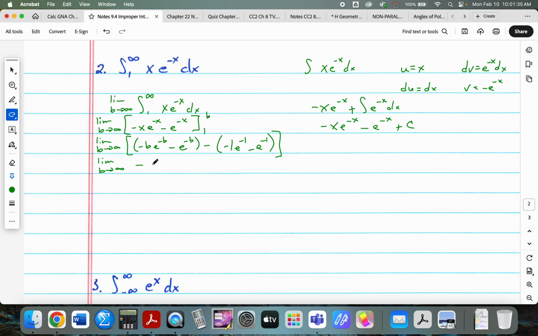So this is going to be the opposite of, I'm going to put the e to the b in the denominator, and I'll have b plus 1 in the numerator, minus, let's see, these are actually both the same, aren't they? This is going to be negative 2 over e.